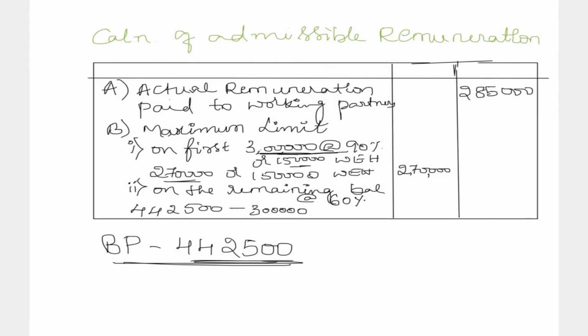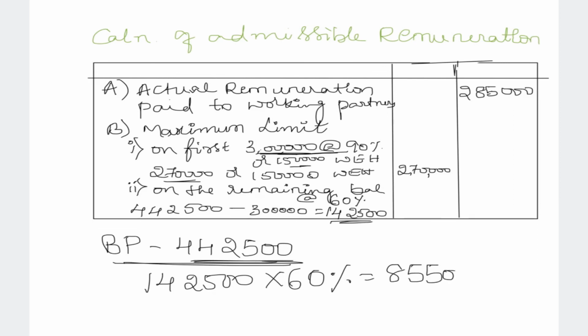So the remaining value is 1,42,500. Right? On this 1,42,500, let us calculate 60%. 60% comes to 85,500. So we will consider 85,500 here.